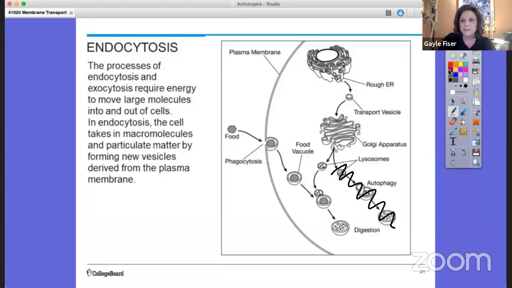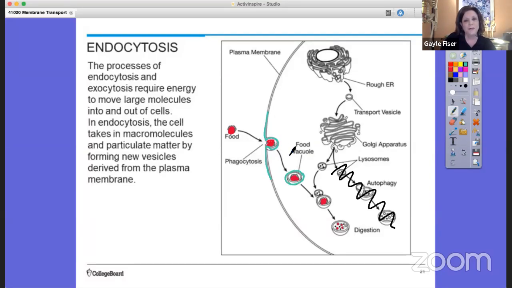All right, so let's look at, here's our food for our cell. Okay, I'm going to go ahead and color it, and then I'm going to make it smaller. Okay. All right. So our plasma membrane, here is our plasma membrane. Look what it does. It engulfs, okay? It engulfs this food particle, and then it's going to form a vesicle around it.